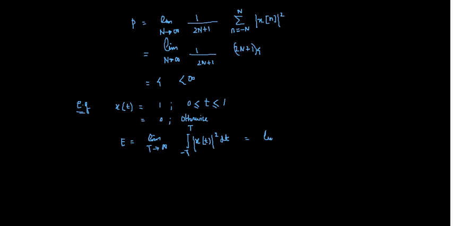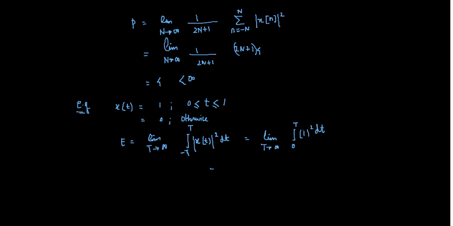Limit T tends to infinite, integration, you tell me, 0 to T of mod of x of t squared. Now this is 1, right? 1 square is 1, of course. I'll write that for the time being, and when that is integrated, it will be T, right? Yes, exactly.